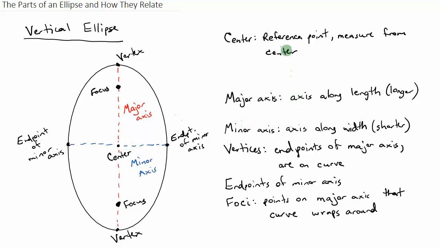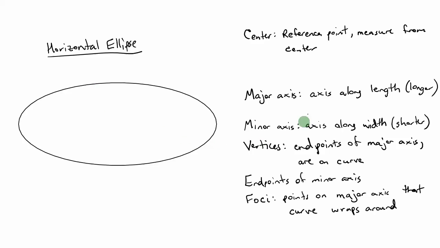Let's now leave all of this information here and construct a horizontal ellipse. So now I've explained the meanings of all these parts of an ellipse over here. We'll work in reverse to place them into the horizontal ellipse, hopefully strengthening our understanding of these ideas. So the center, of course, will be right in the center.